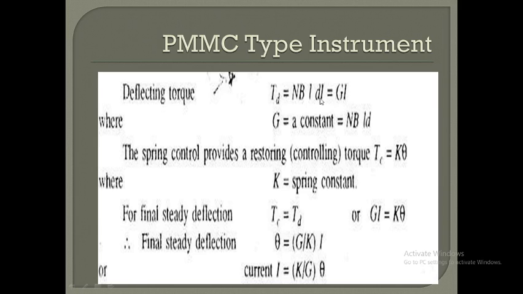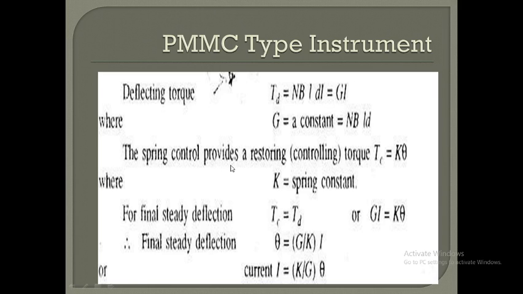So TD is equal to GI, because TD is directly proportional to I, and G is a constant, the galvanometer constant.